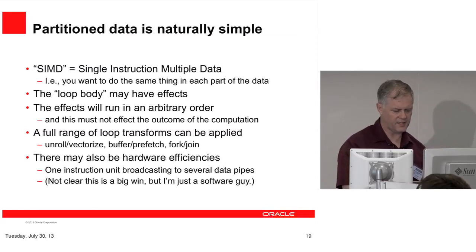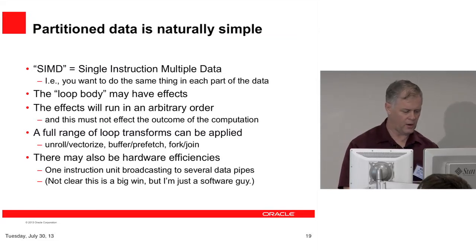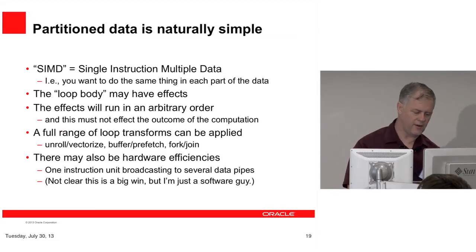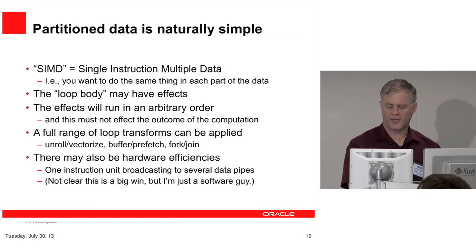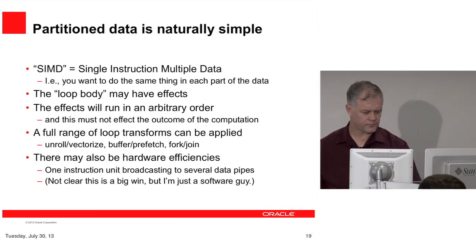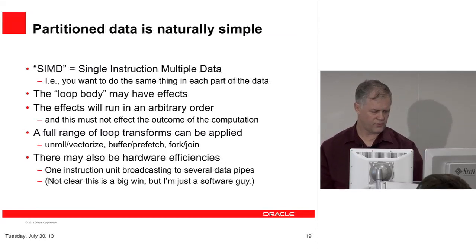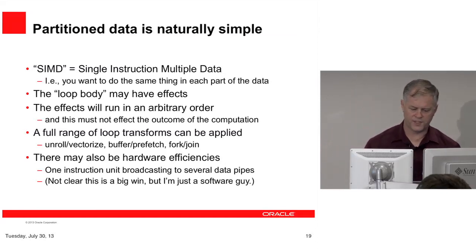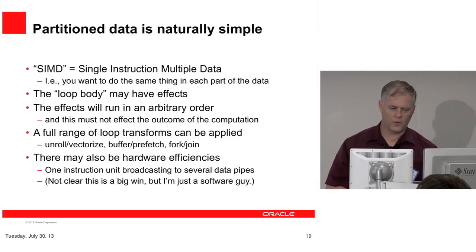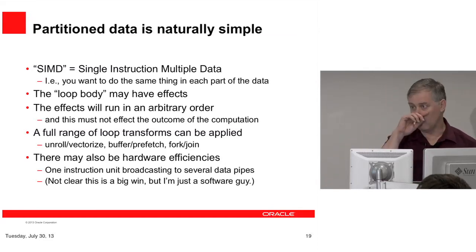And there may be side effects, and the effects will operate in an arbitrary order. And as I showed you with the diagram, it doesn't matter what order the effects settle as long as they're properly separated. And therefore, you can do all the loop transformations you like, and there might also be hardware efficiencies. I don't know what the big deal is about having one actual instruction fetch and multiple pipelines, but some people say it's good.